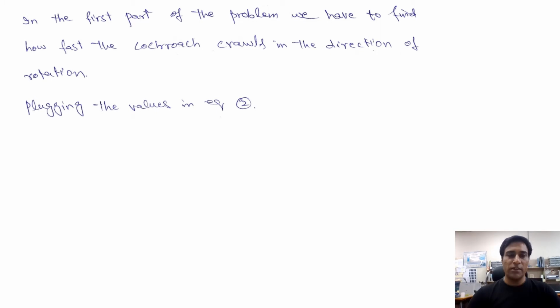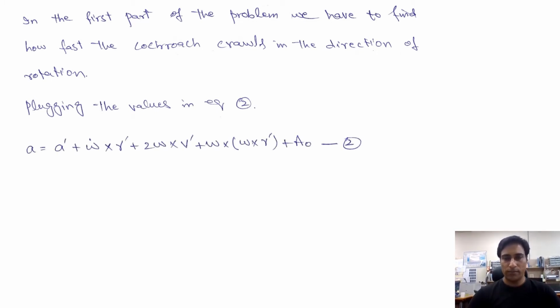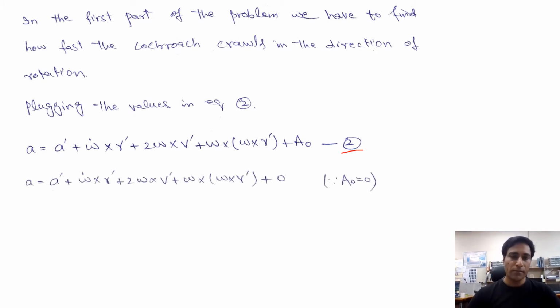So plugging the values into equation 2, which was also mentioned in the previous slide. There are two ways. First, we have the values of these terms, omega dot and a naught, so we can put all the values in equation 1 at one time.